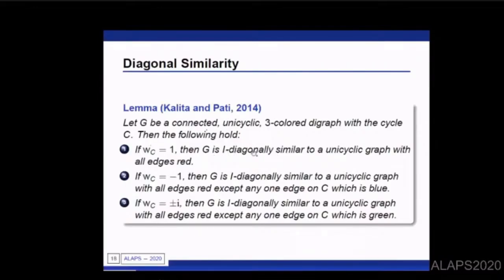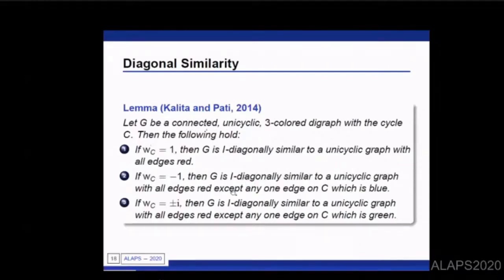Now, I-diagonally similar means the adjacency matrix of the graph Z is similar to this unicyclic graph via a matrix S, where S is a diagonal matrix with entries plus minus 1 or plus minus i. And if the weight of the cycle is minus 1, then Z is I-diagonally similar to a unicyclic graph with all edges red except one edge on C, which is blue.